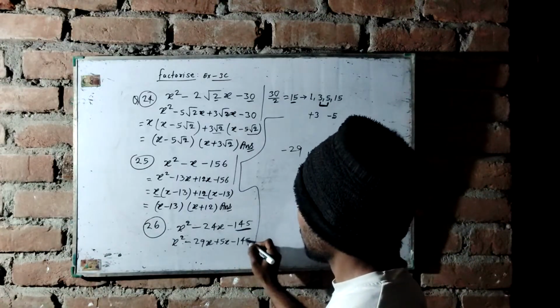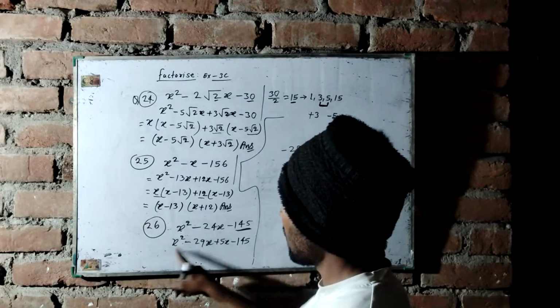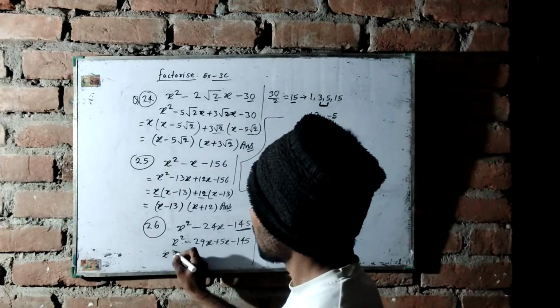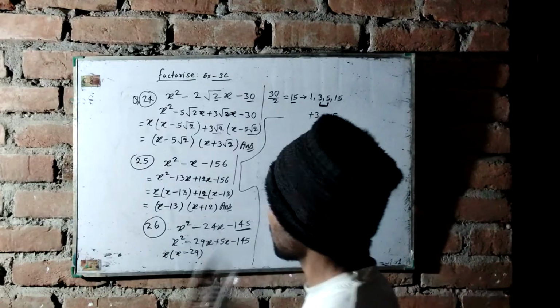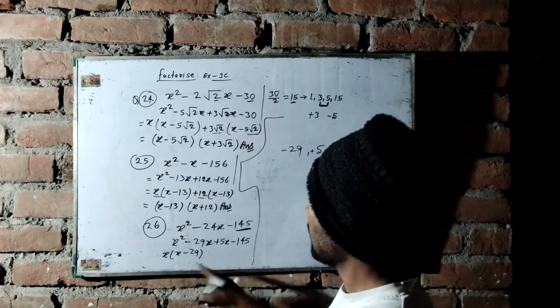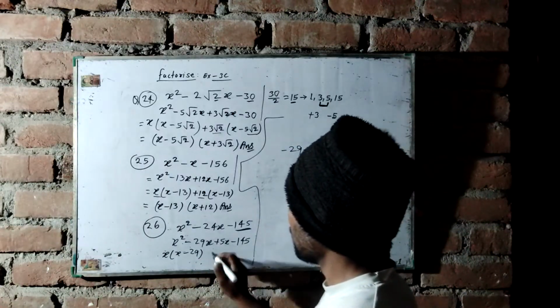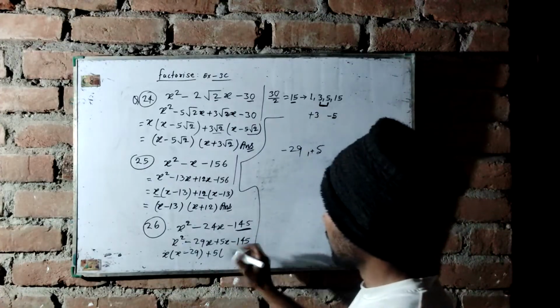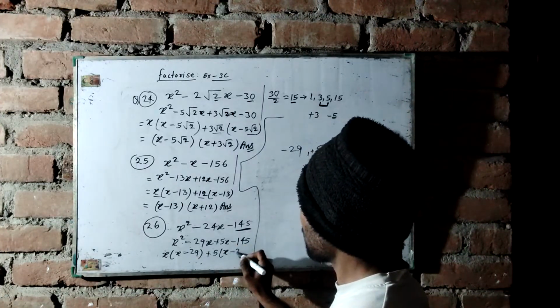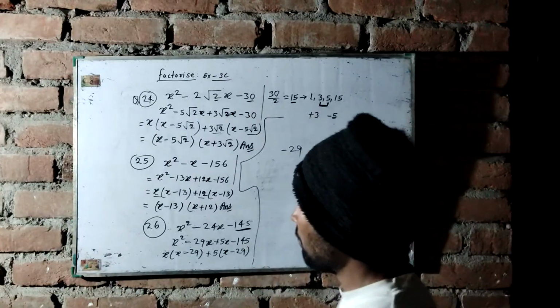Okay? Now we take x as a common and we can write x minus 29 as a multiple, and we can take plus 5 as a common and we can write x minus 29 as a multiple.